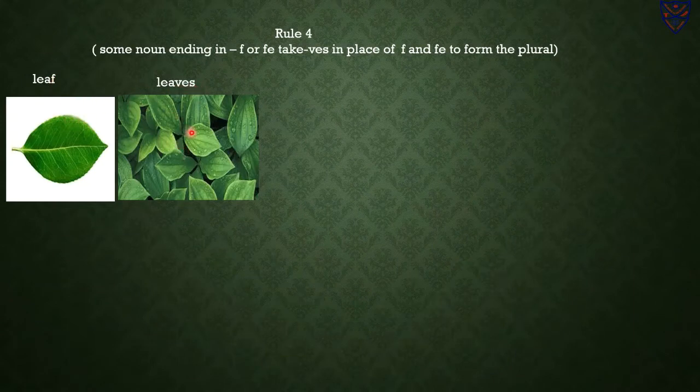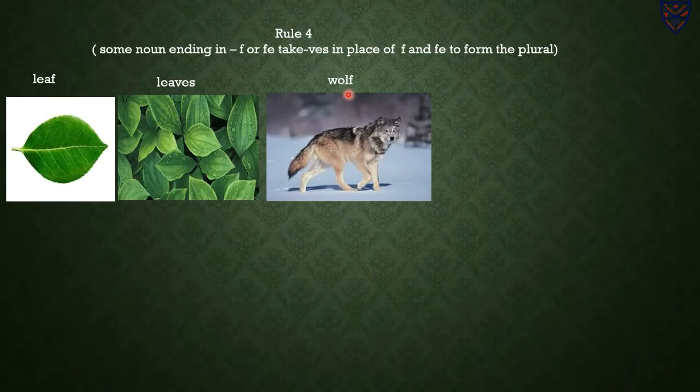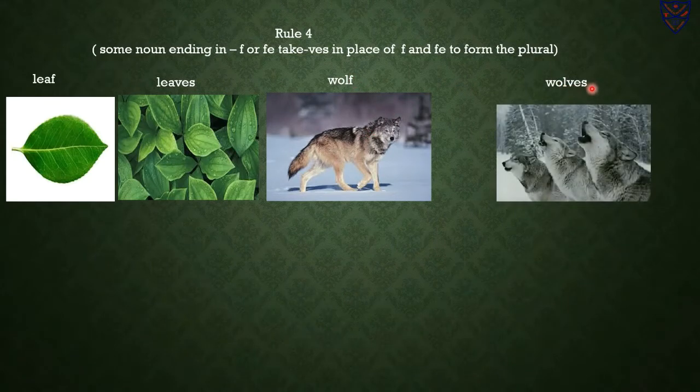Leaf, leaves. Here you can see wolf. At last f is there. So to convert this wolf into plural, we have to cut f and add ves, wolves. Wolf, wolves. Now see, knife. At last fe.